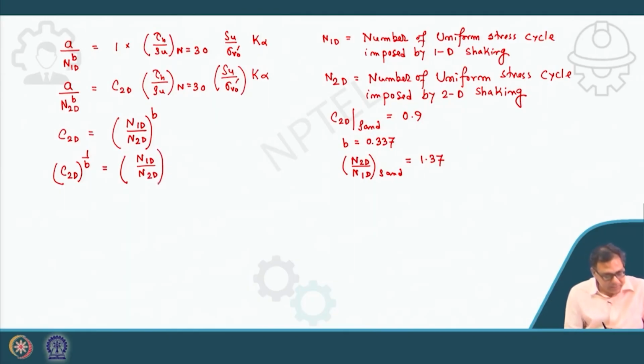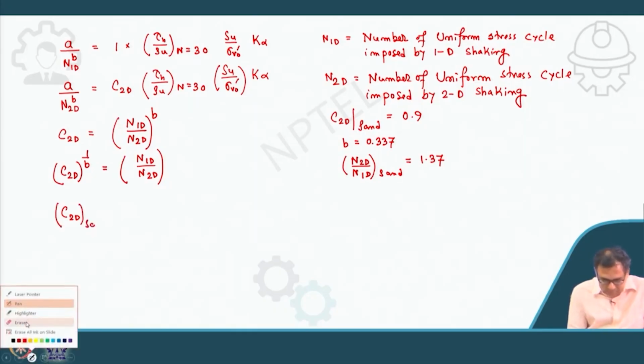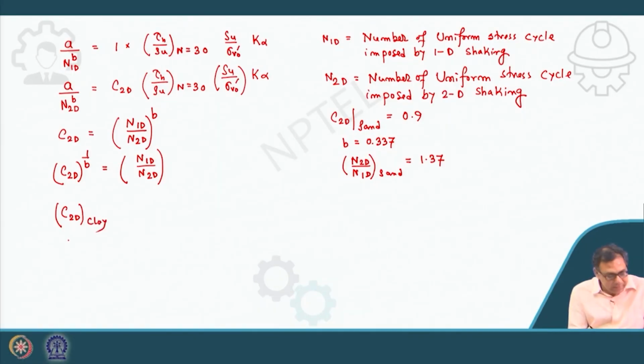Okay, I can write it. Now from this equation I can write C2D for clay, and 1 by B, that B also for clay, will be equal to N1D divided by N2D.